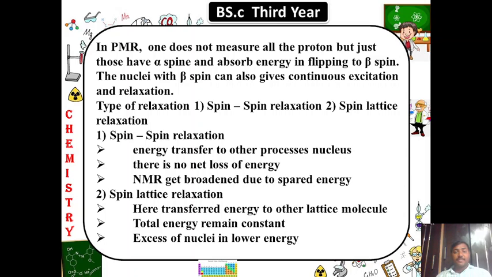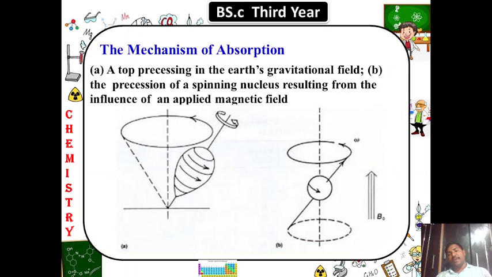There are two types of relaxation: spin-spin relaxation and spin-lattice relaxation. In spin-spin relaxation, energy is transferred to another processing nucleus, so there is no net loss of energy. The NMR line gets broadened due to the spread of energy. In spin-lattice relaxation, energy is transferred to the lattice molecules. Total energy remains constant, with an excess of nuclei in the lower energy state.